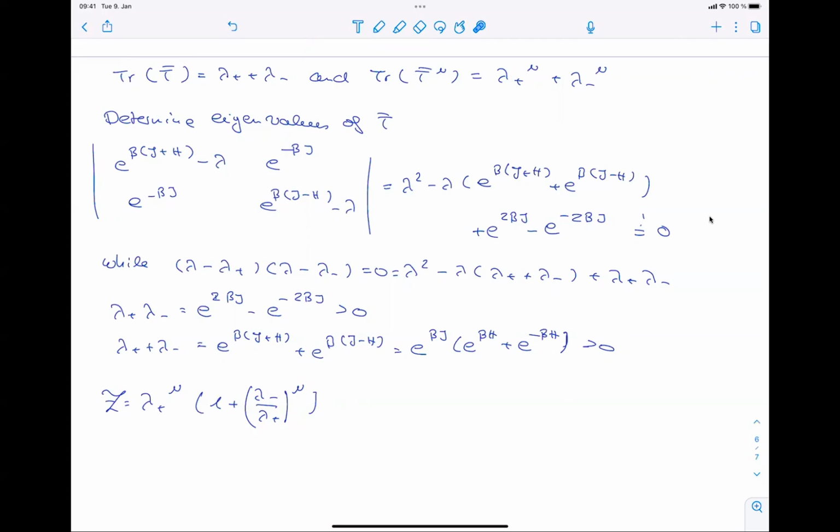But what we see here now already is that there's no need to do so, because the partition function, at least for an infinitely large lattice, is actually governed by the largest eigenvalue anyway. So if I have a means to determine the largest eigenvalue, I'm actually golden already, right? So I can know a lot about the system. And so that's the insight that we can gain here already.